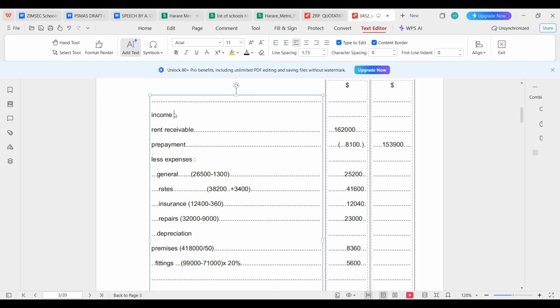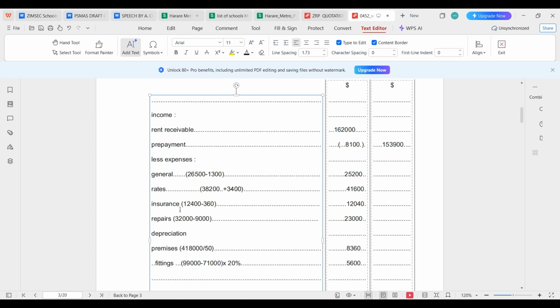And what did we do next? We found if there was an adjustment pertaining to the rent received, so that there was a prepayment of 8,100, and we deducted that. General expenses also had a prepayment that we subtracted as well. Rates had an accrual that we added, because remember, accrued expenses are added back, and prepayments are subtracted. So we catered for that one.